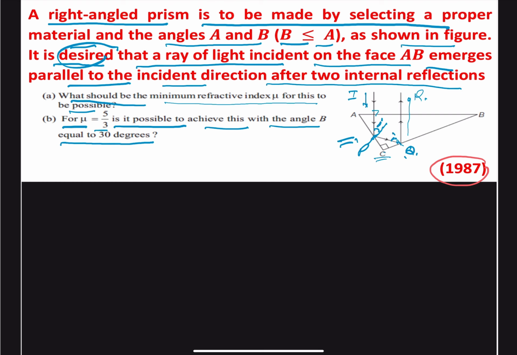So we can say that at point P, the angle of incidence, let me draw it clearly.